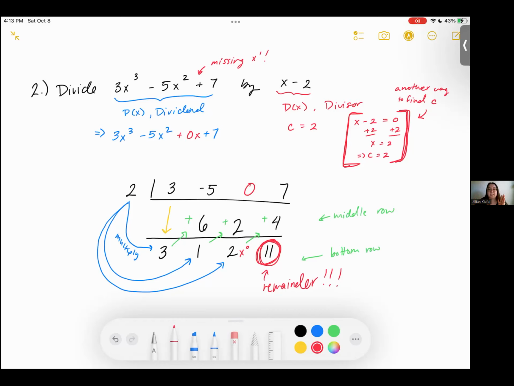The one to the left is x to the power of 0, one more to the left would be x to the power of 1. And one more to the left would be x to the power of 2. So last term is the remainder, and every step to the left, you get a +1 on the exponent.